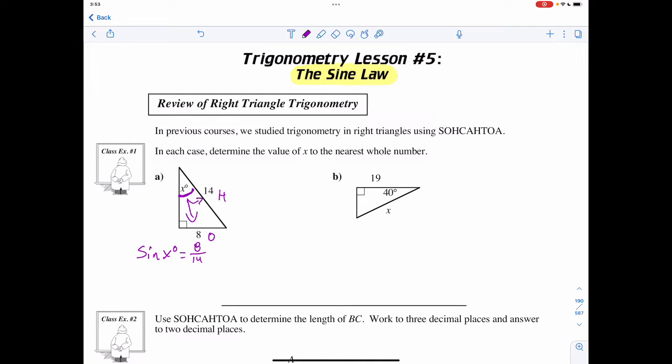If I know what the ratio is, then I can always solve what the angle is using sine to the negative 1. And in this case, it's going to give me 35 degrees.